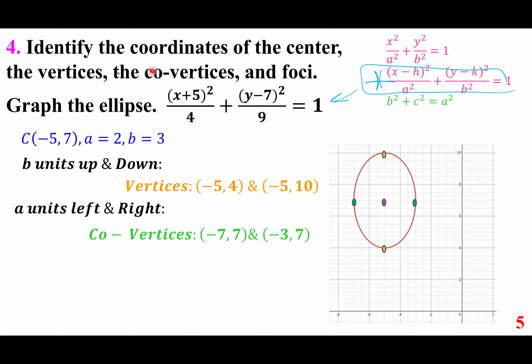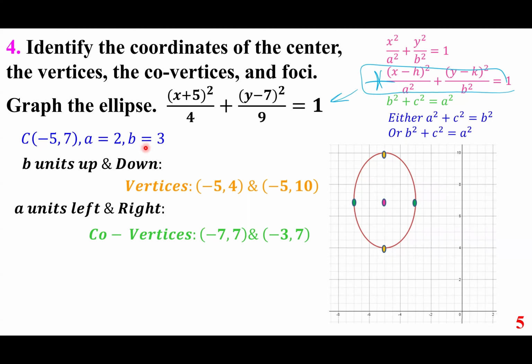Identify the coordinates of the center, the vertices. So again, it's important to know it's elongated along the y-axis. Therefore, those are the vertices, not these two, okay? And the co-vertices. Now we want to find the foci. It's important to understand it's one of these two.